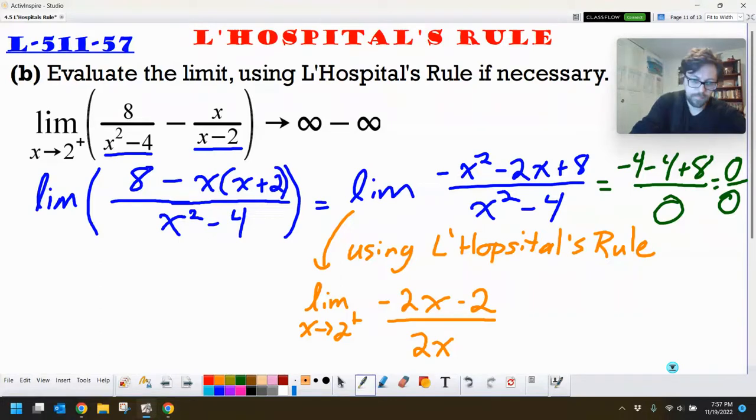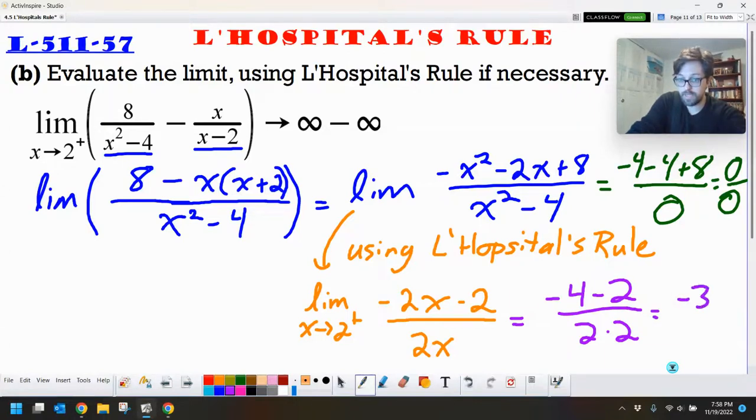Okay. Then direct substitute. That is going to be negative 4 minus 2 over 2 times 2, which is negative 6 fourths, which is negative 3 halves. So that is our limit.